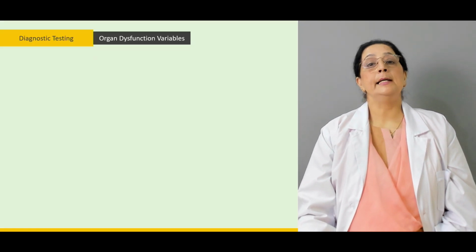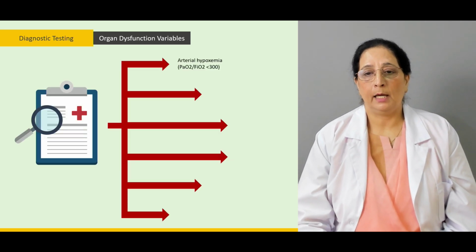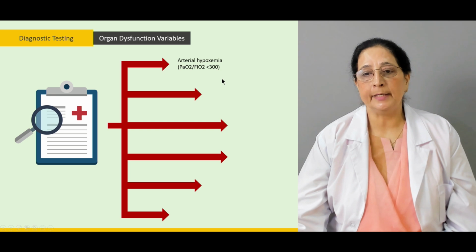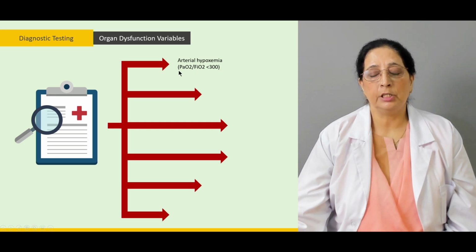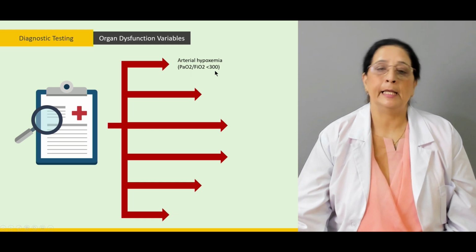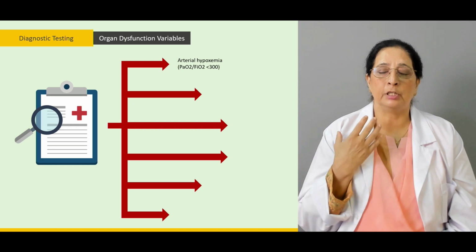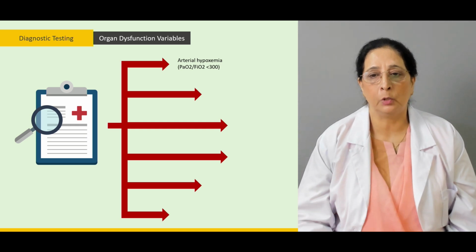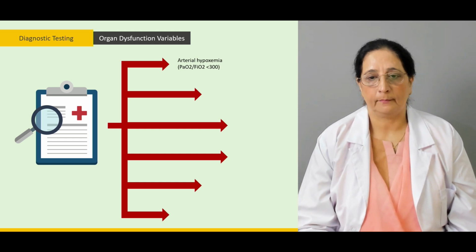Next, some organ dysfunction variables. What they can be, we have arterial hypoxemia. Arterial oxygen is less than 300. So the oxygen saturation in the artery is low, so there is arterial hypoxemia.